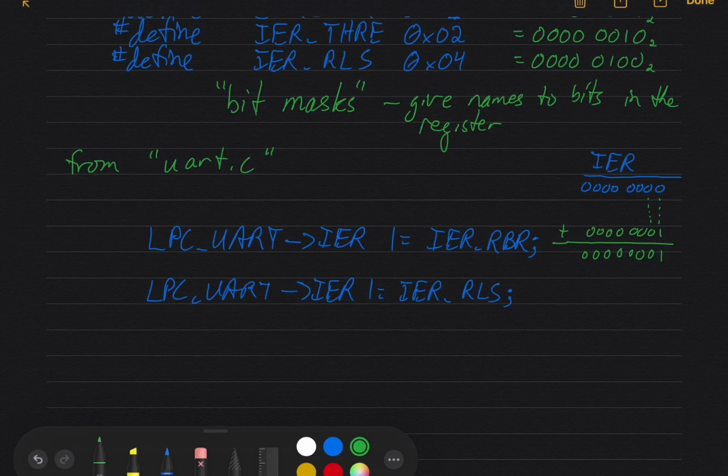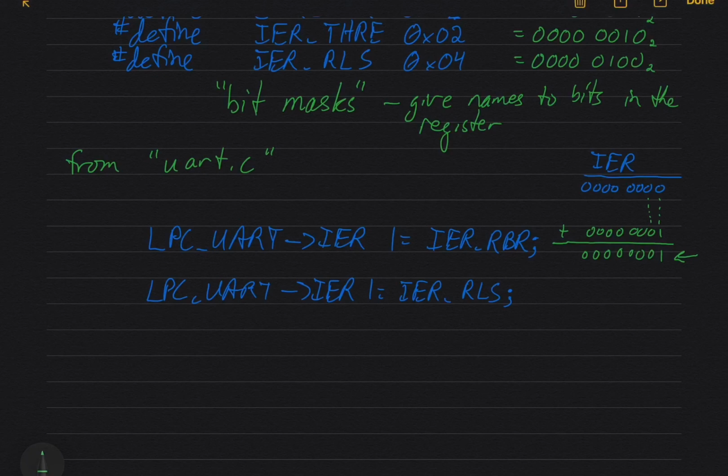We're going to OR the contents of this value here with that bit mask, and the value of that bit mask, if you look above, was this. So we OR that together. So now we've got 1 or 0, true or false is true, 0 or 0 is 0, 0 or 1 is 1, 0, 0, 0, and the rest is zeros. So that's now the value in this register.